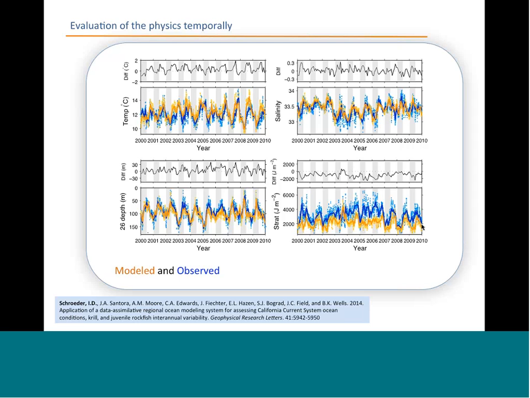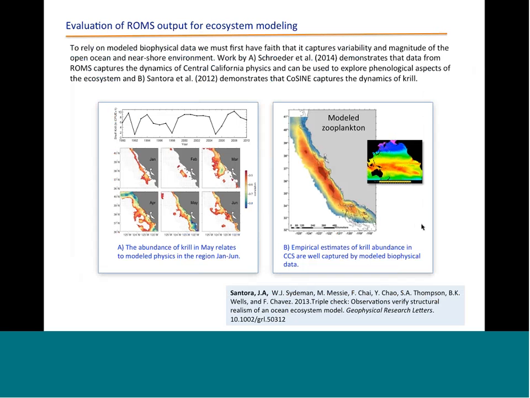And this becomes important because we move on from this point to actually start modeling the biological variability within our system. So what we can do is we can take these ROMS, and we have two different groups here. On the right, we've got the ROMS connected to what's known as COSINE, carbon, oxygen, silicon, and nitrogen model.